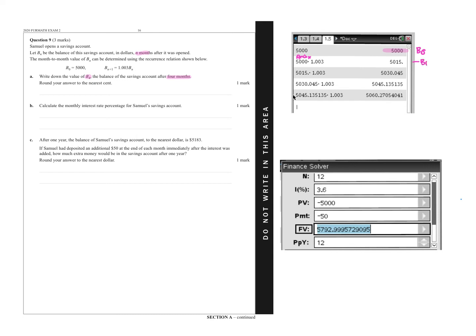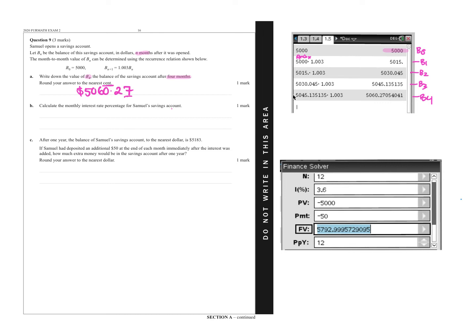So this is B_1. Once you do that, you can keep pressing enter: B_2, B_3, B_4. Then you can see that the answer is 5060.27, to the nearest cent, which means 2 decimal places.